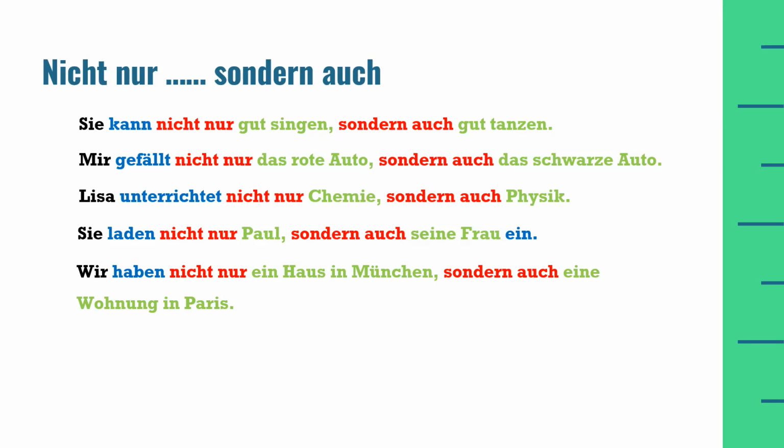For wir, the verb haben will remain haben. Then at third position we will use nicht nur, and then comes ein Haus in München. The first thing that we have is ein Haus in München, comma and space. Then we use sondern auch, and then comes the second thing that we have, and the second thing is eine Wohnung in Paris. So this is how we can use nicht nur, sondern auch.